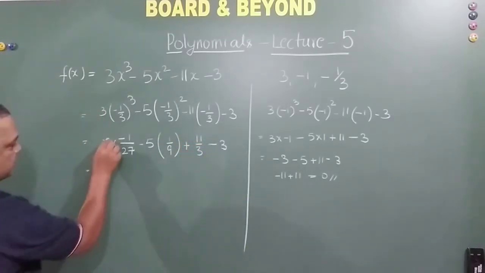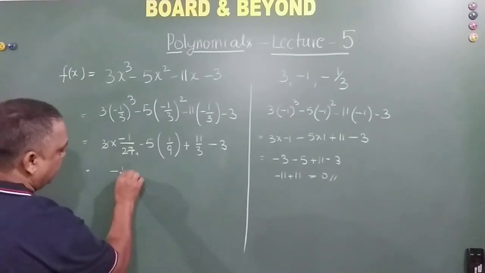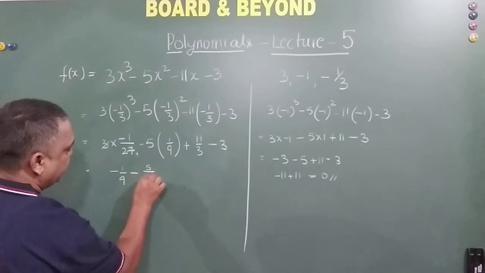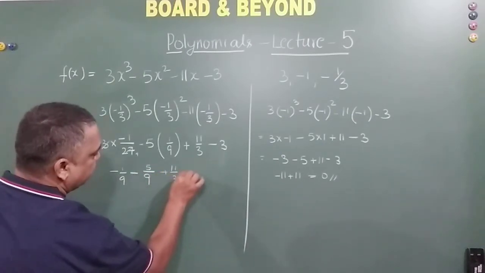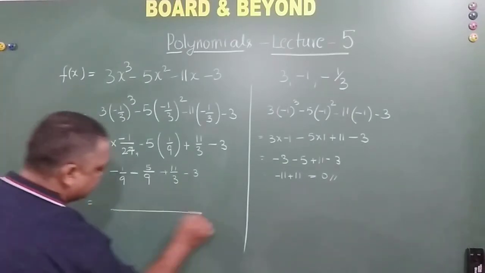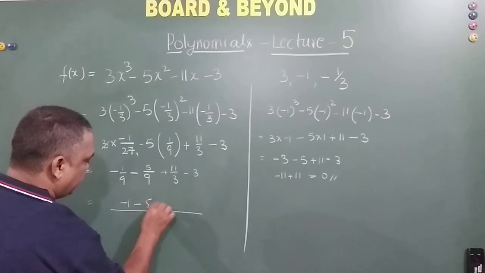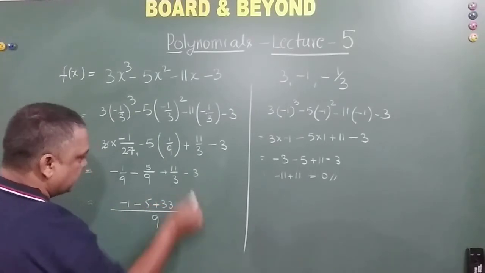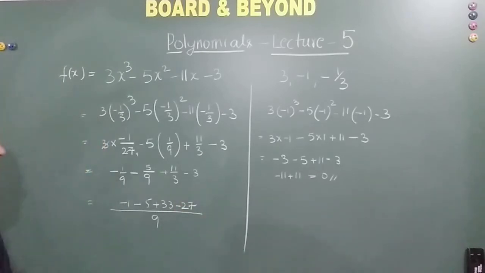So this is equal to minus 1/9 minus 5/9 plus 11/3 minus 3. Now we take an LCM, 9 here. So this is -1 minus 5 plus 33 minus 27. Right?